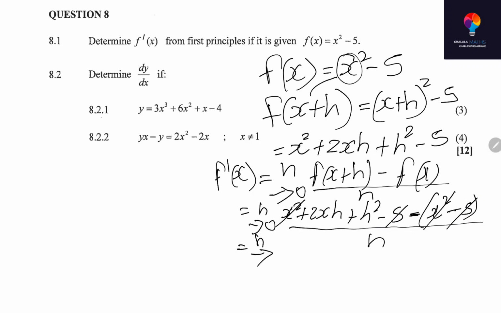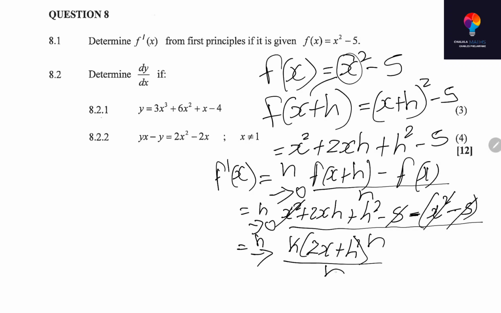So in that case, we're going to be left with 2xh plus h squared, which we can extract h from because it's common in these two terms. It's going to give us h multiplied by 2x plus h, over h.